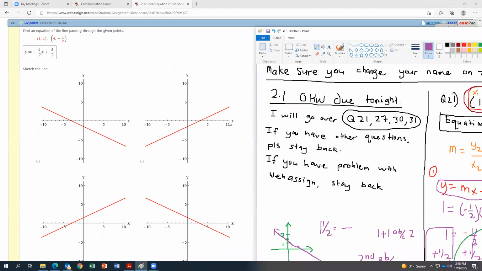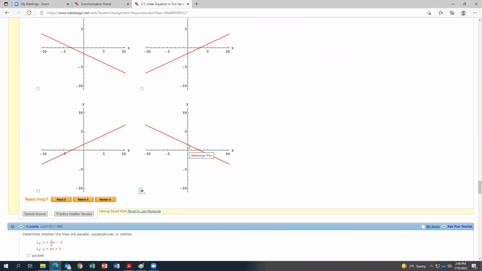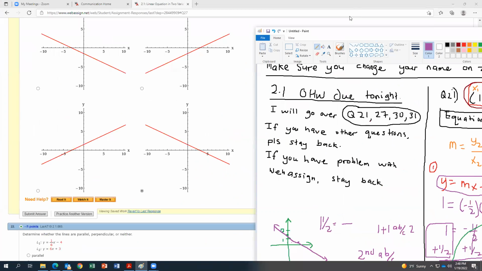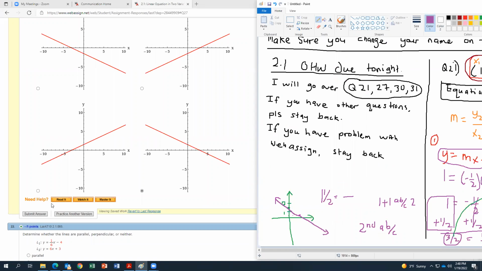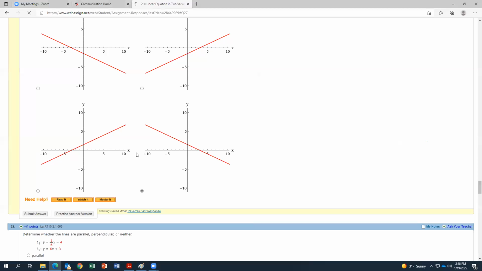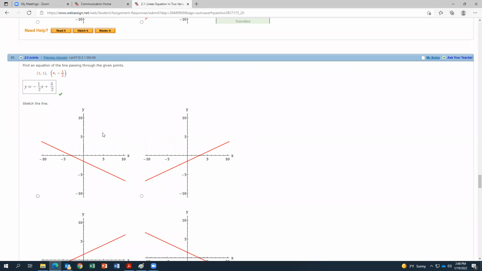So the graph for this will look like this one because it crosses at 1.5 and it goes downwards. So it will look like the one that I just showed you here. So it's 1.5 and then it goes downward. So this is how you draw. That's how we do this question. So this is for question number 21.